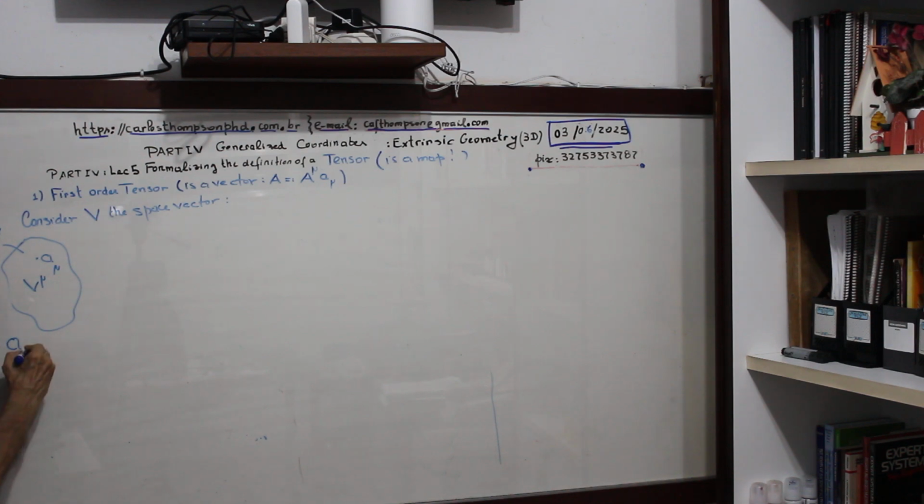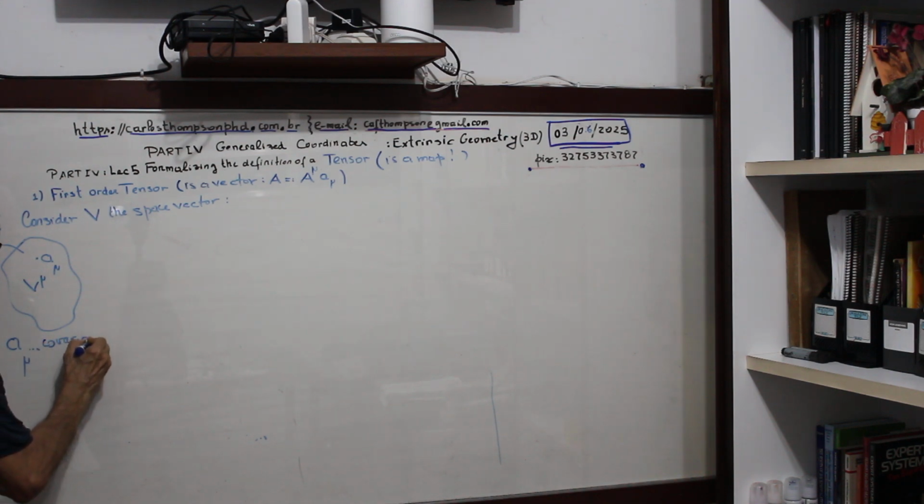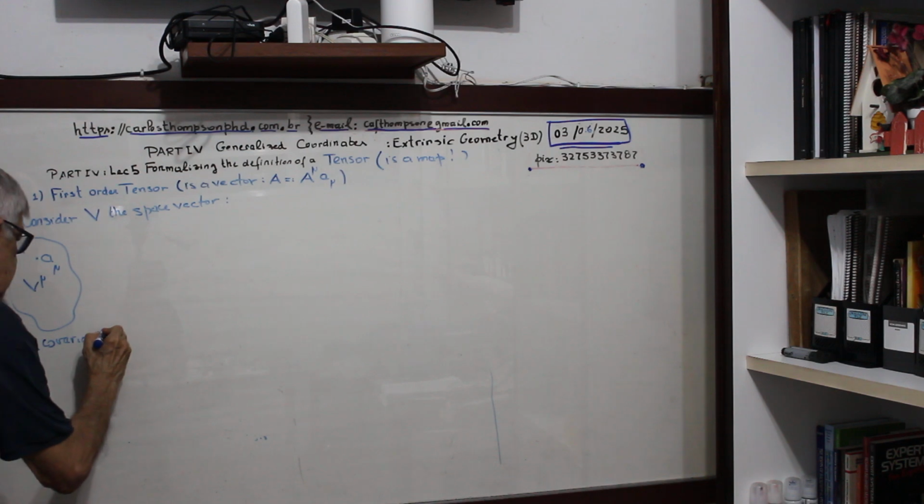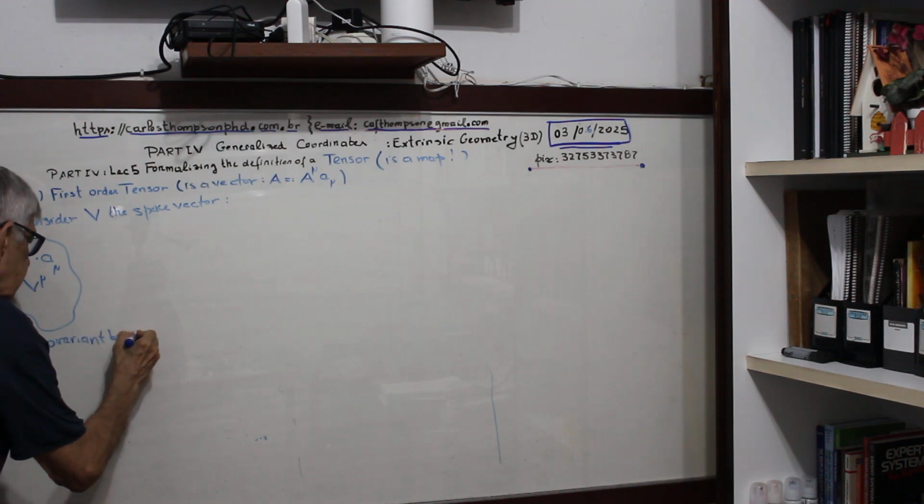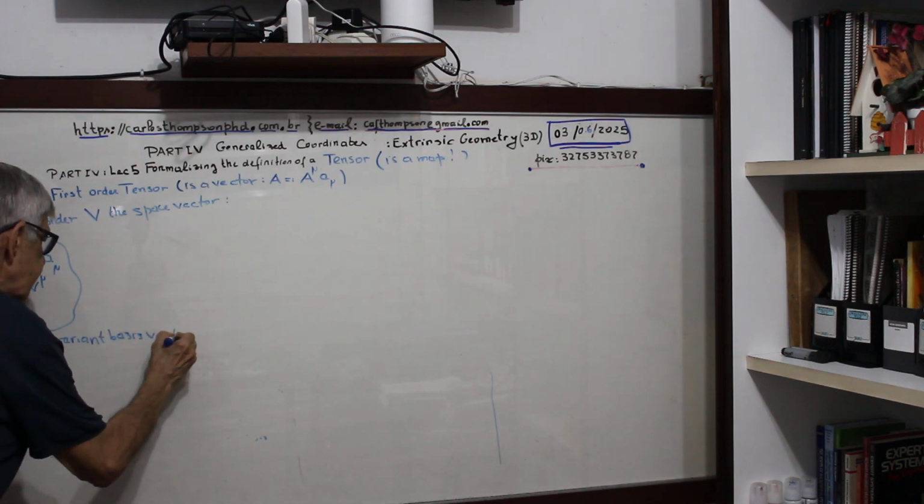So A with lower index mu is called covariant basis vectors.